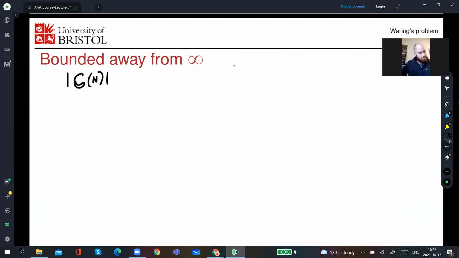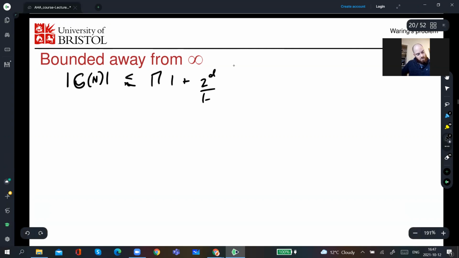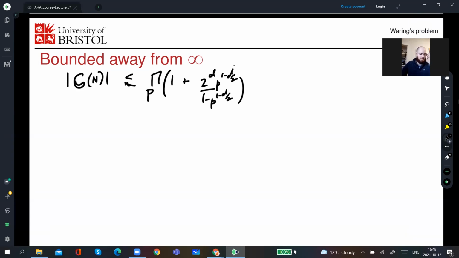So this thing is at most a product of 1 plus 2 to the d over 1 minus p to the 1 minus d over 2, times p to the 1 minus d over 2, over all the primes.